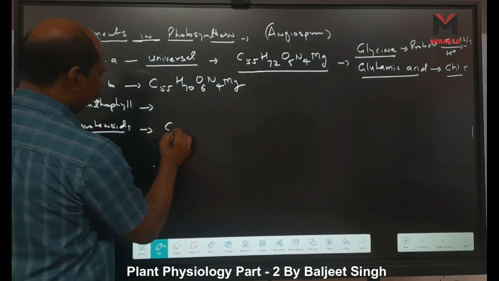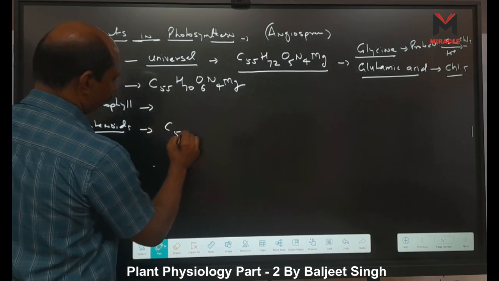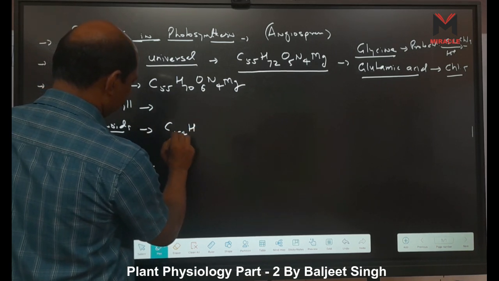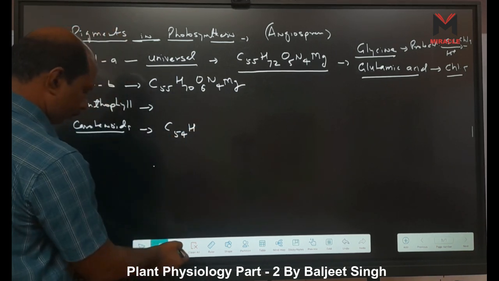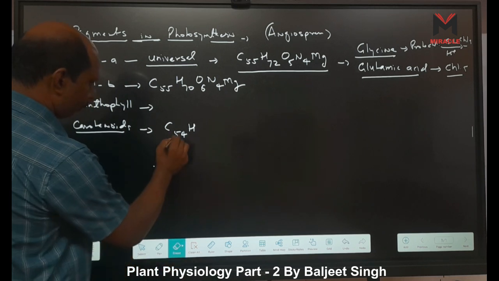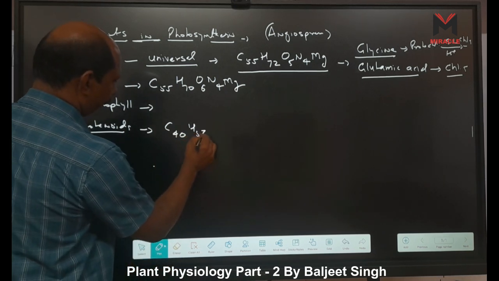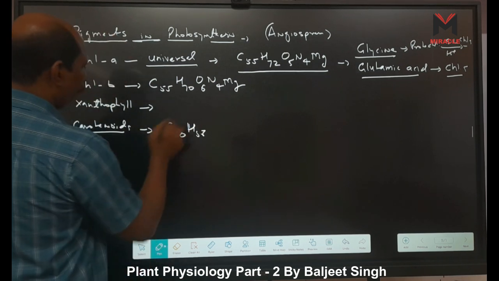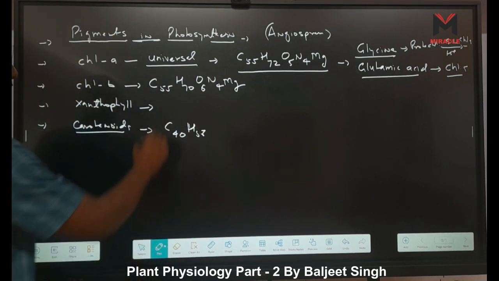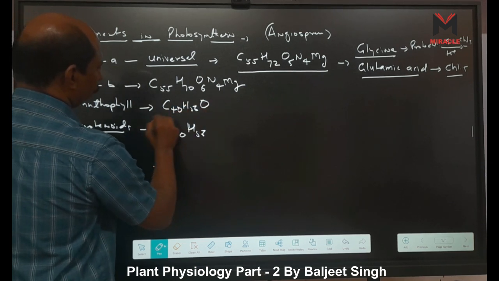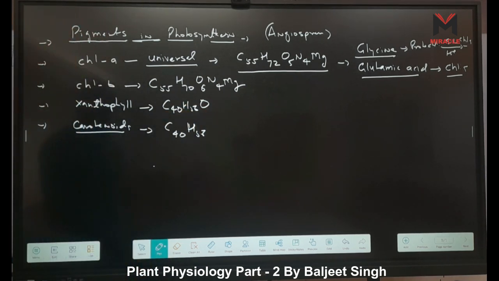Carotenoids are C40H56, right? And xanthophyll, being a derivative of carotenoids, we can say is C40H56O, right? So these are the chemical formulas of the different photosynthetic pigments.